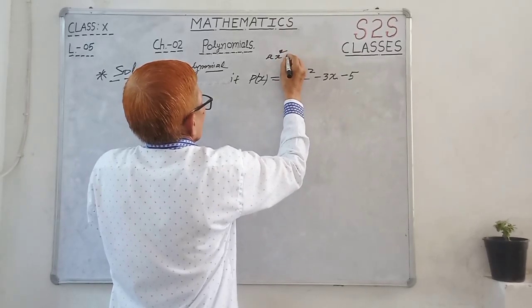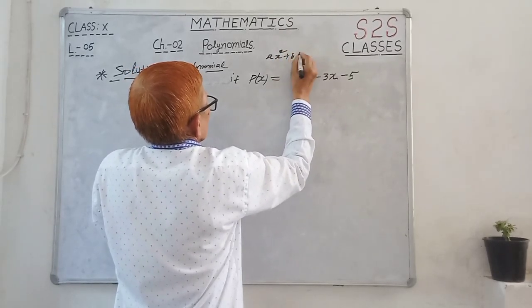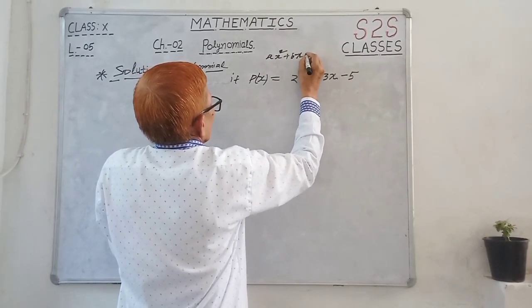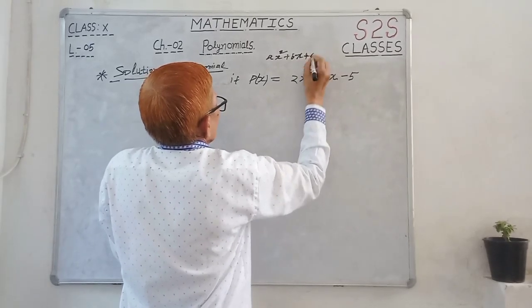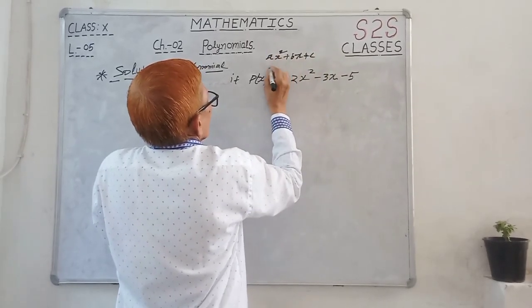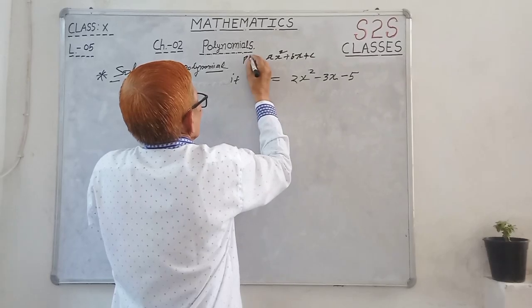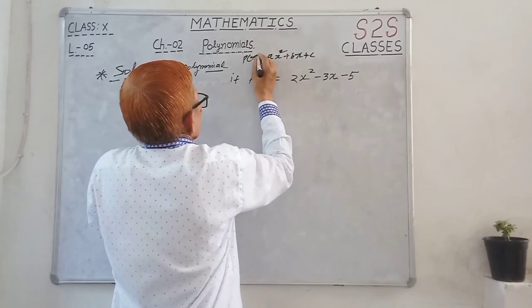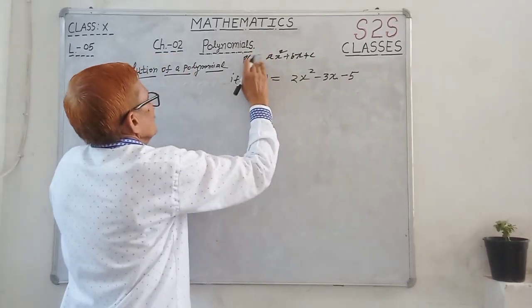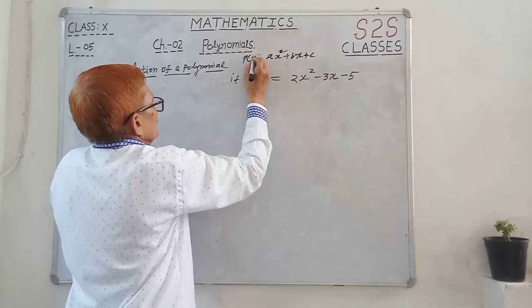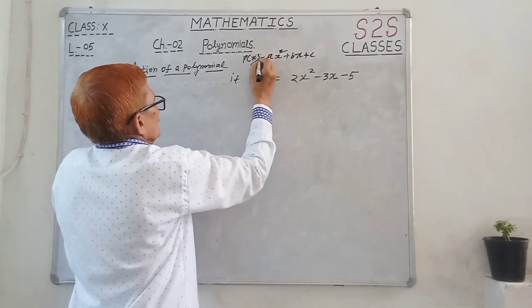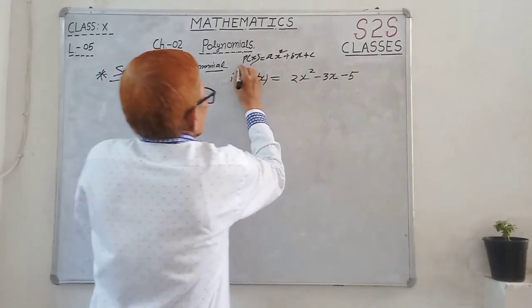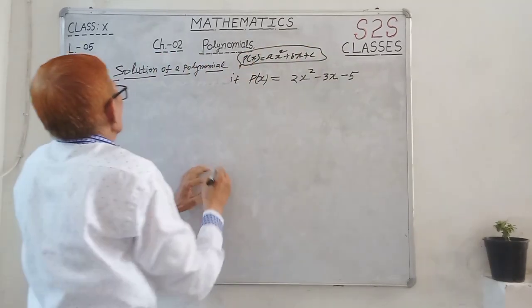The general form of a quadratic is ax square plus bx plus c, the general quadratic polynomial px. You know the general form of a quadratic polynomial.